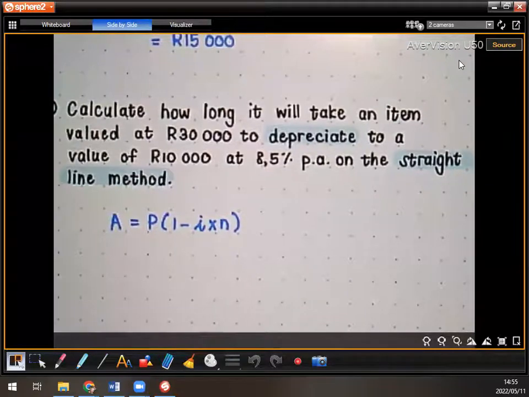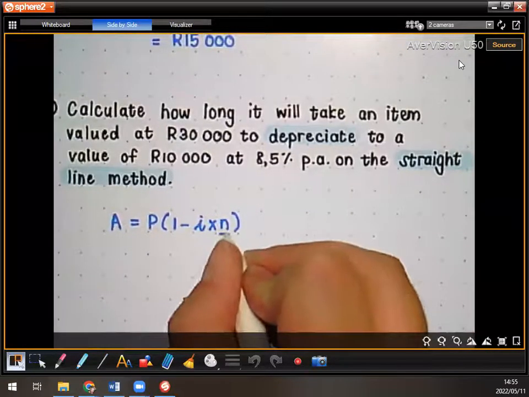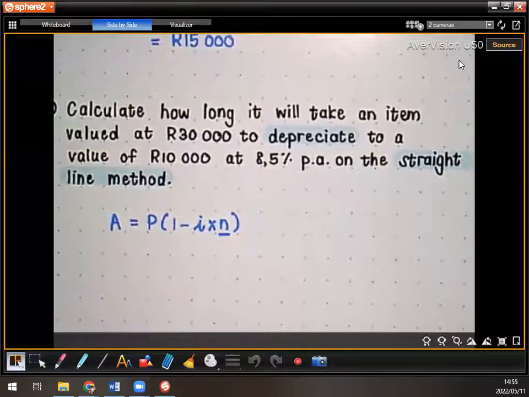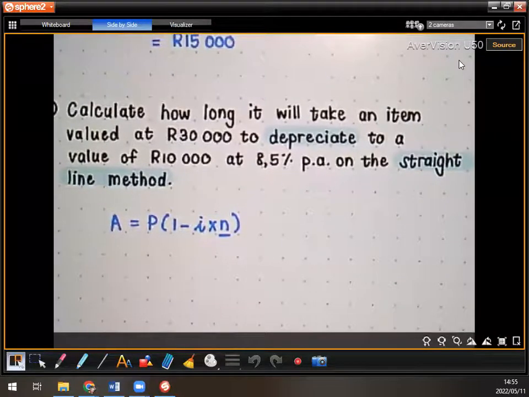Okay, so now we need to figure out what is A and what is P. We are finding how long it will take, so we're calculating n in this case. So we're supposed to have all the other values. They're saying calculate how long it will take an item valued at 30,000 Rand to depreciate to a value of 10,000 Rand at 8.5%.